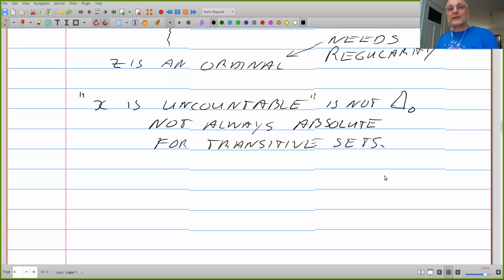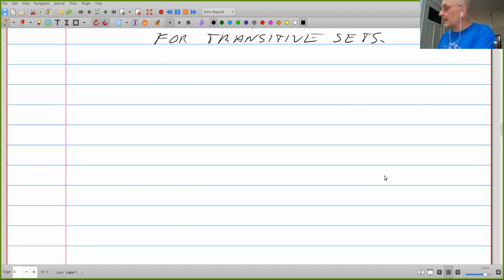Okay, we need a criterion for absoluteness, but we need absoluteness for many formulas at the same time.